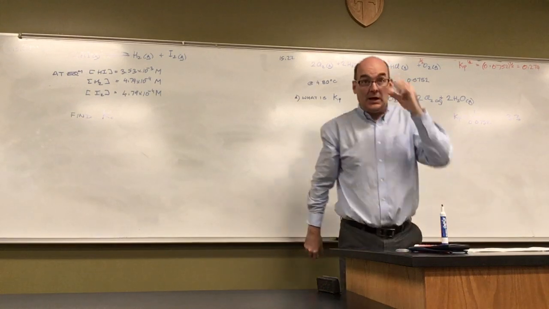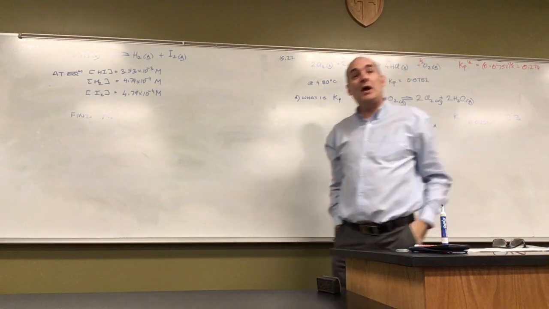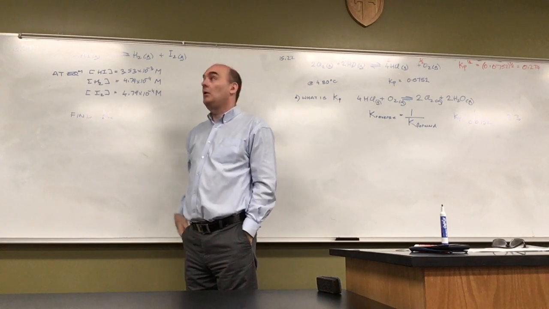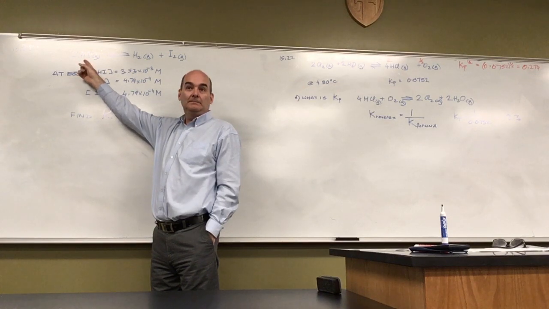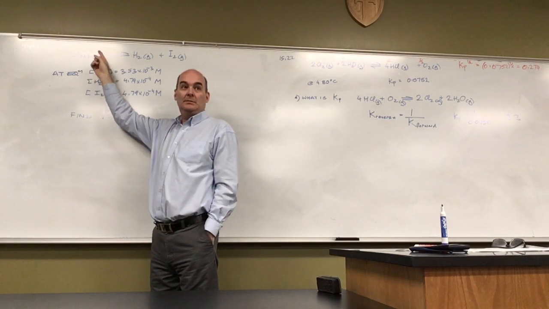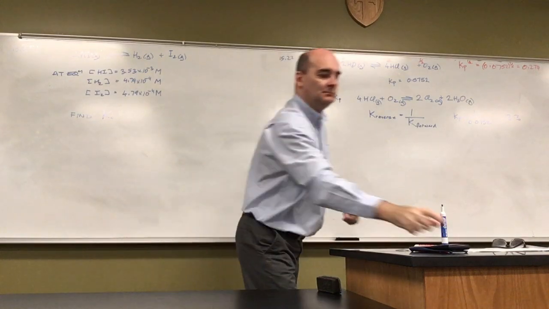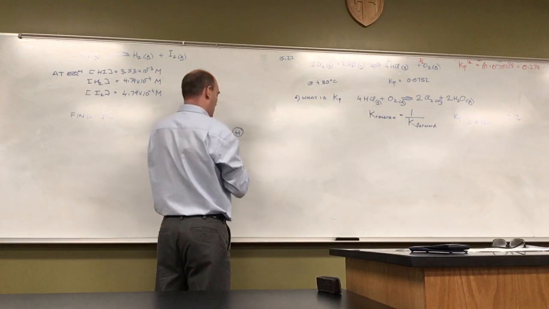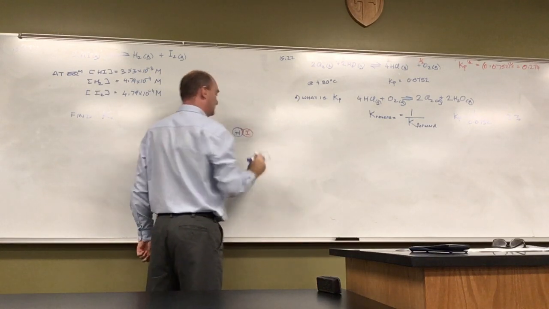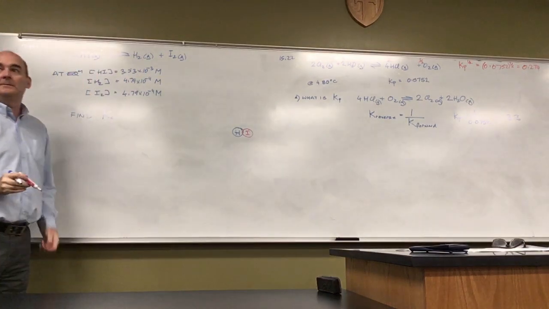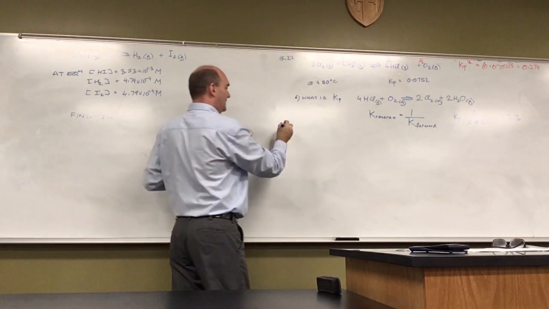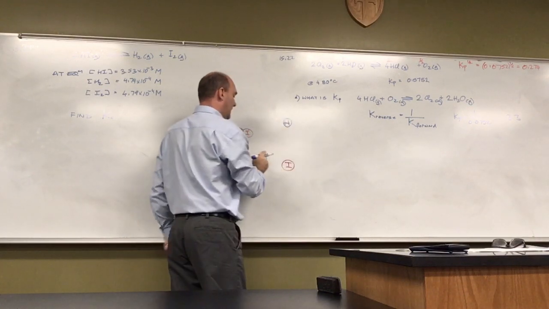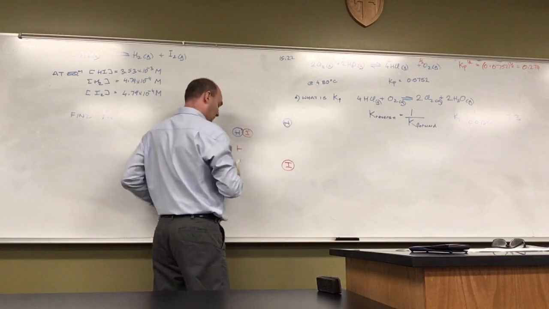So all of the hydrogen and all of the iodine that are in the container all came from here. This molecule is HI. It's going to split apart to make H and I.